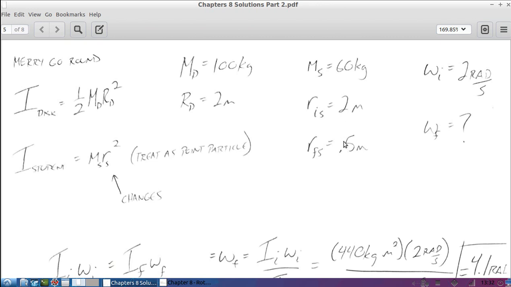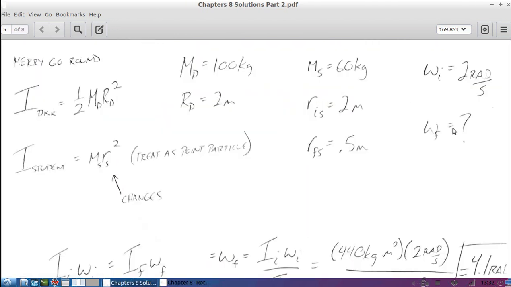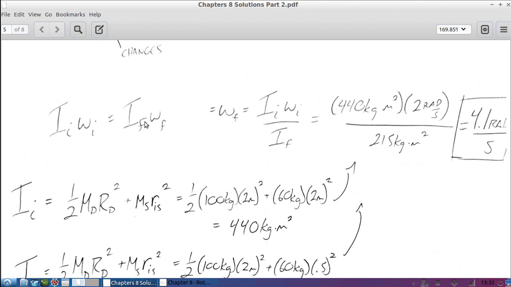So I have two R vectors, right? I've got an initial and a final position for the student. When the student is at 2 meters, we've got an initial angular velocity of 2 radians per second. I'm looking for omega final. So I'm setting up my conservation of angular momentum problem, just like this.